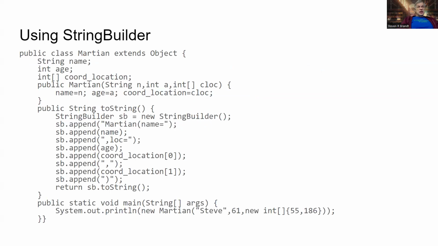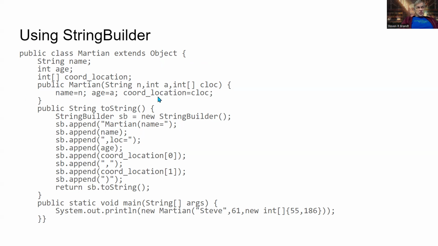So let's take a look at how some of these things might work. I have an extended example of using a StringBuilder. So I'm creating public class Martian extends Object. Now I didn't have to say extends Object. That's implicit, right? If I left that off, everything would work the same way. Now I'm going to put a String name, an int age, and an int array coord location. And then I'm going to put a constructor, public Martian, String, int, blah, blah, blah.